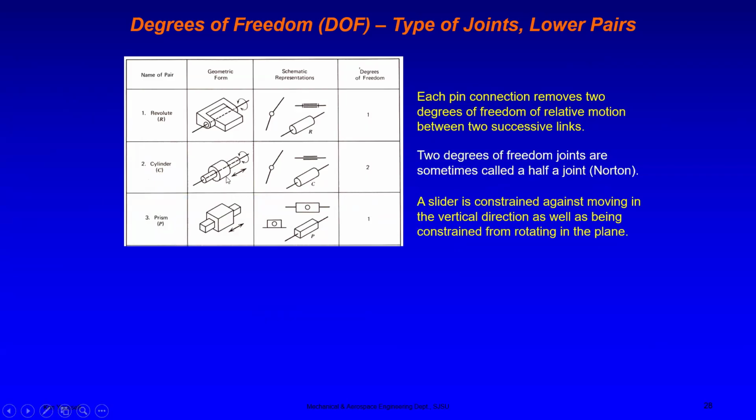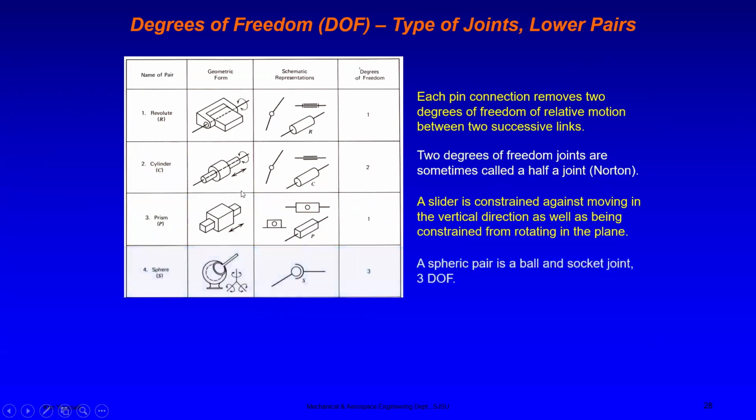Joints with 2 degrees of freedom, like the cylinder, are sometimes called half joints, or what we call a Norton. Also, a sphere can move in 3 degrees of freedom because a spherical pair is a ball and socket joint. It can rotate, and it can move in X, Y, in any 2 directions.